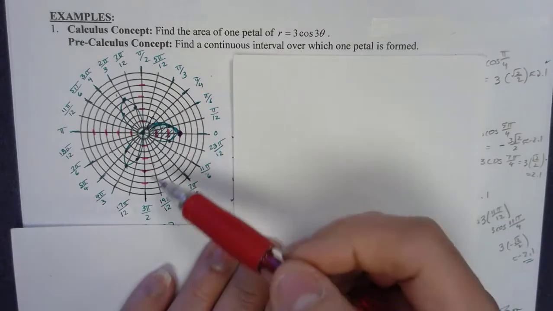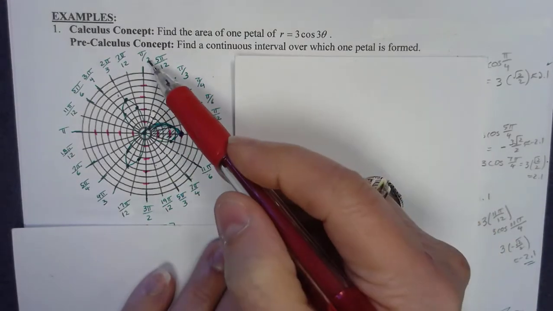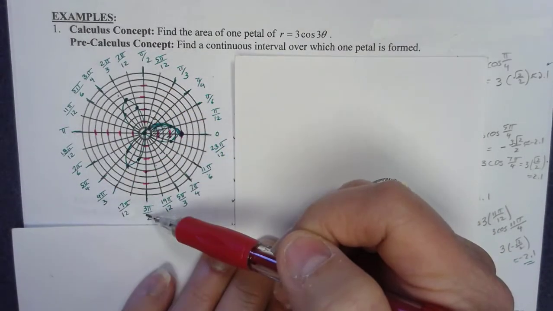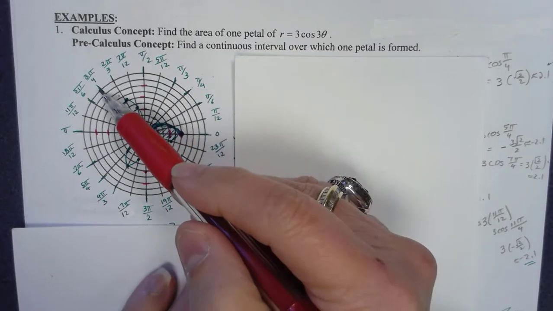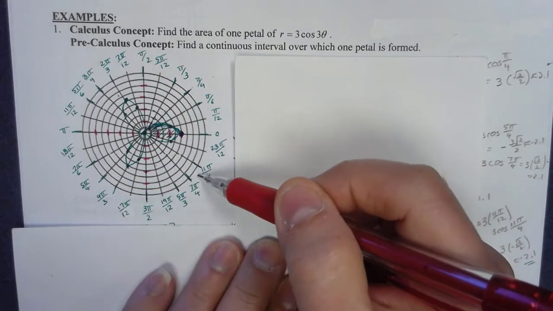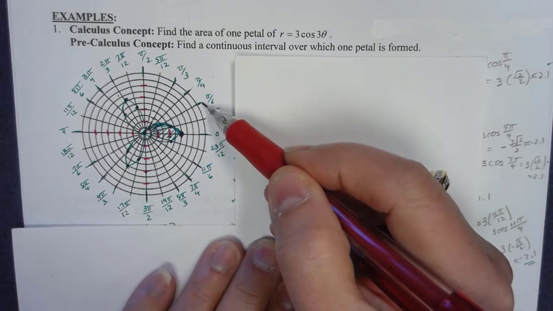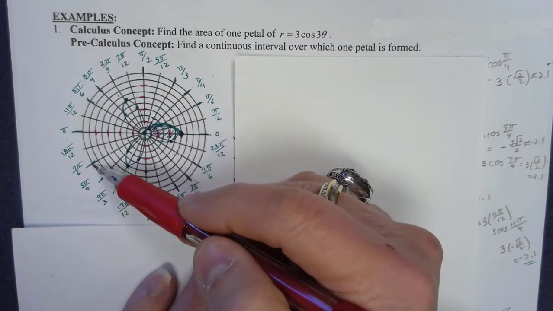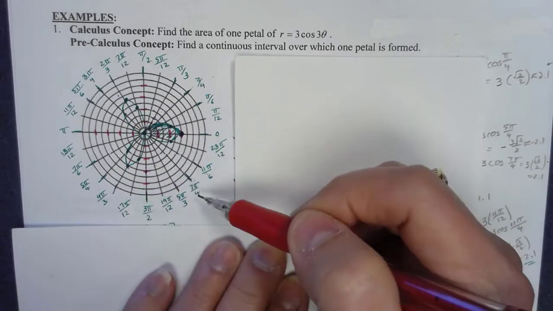Now, if you look at your polar graph, you can see here is 0, pi over 2, pi, 3 pi over 2. Here is pi over 4, 3 pi over 4, 5 pi over 4, 7 pi over 4, pi over 6, 5 pi over 6, 7 pi over 6, 11 pi over 6, pi over 3, 2 pi over 3, 4 pi over 3, 5 pi over 3.